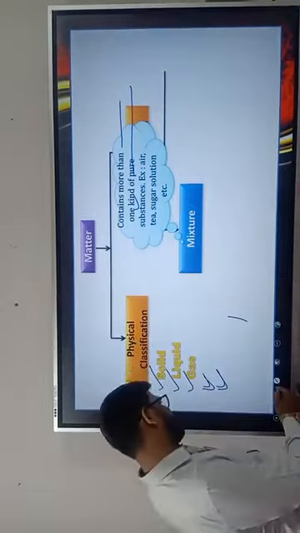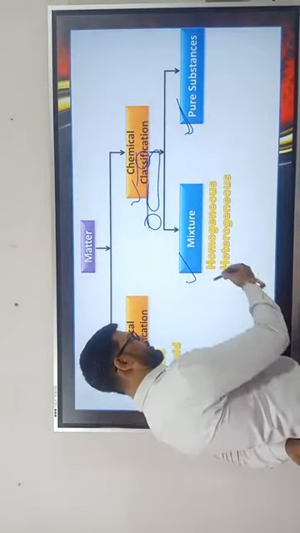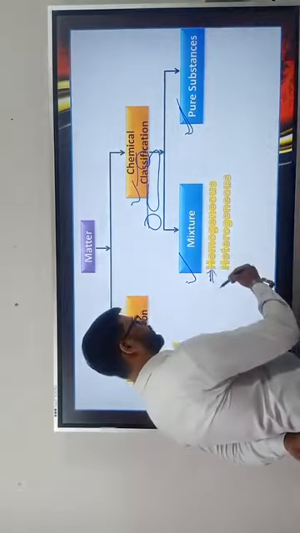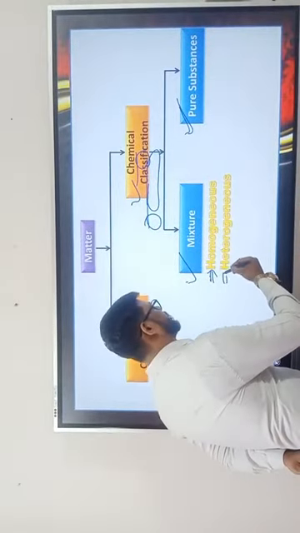So in chemical classification we have two major classes: mixture and pure substance. And in mixture we have again two types, homogeneous mixture and heterogeneous mixture.